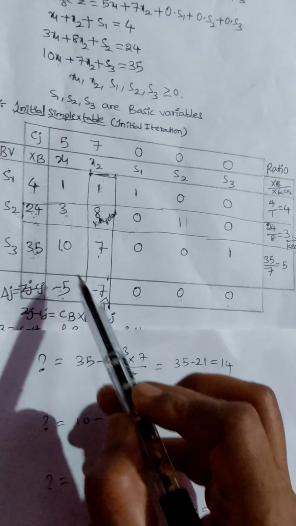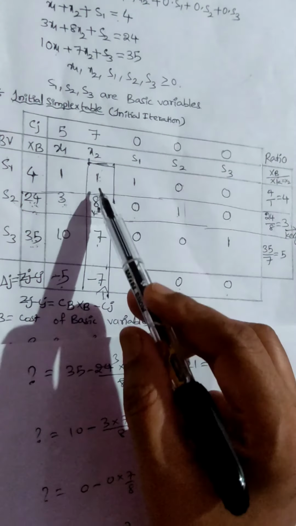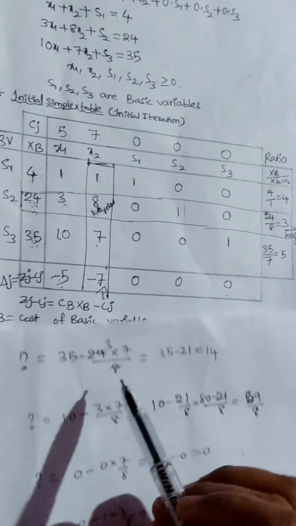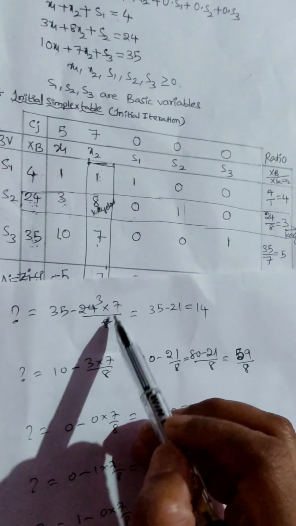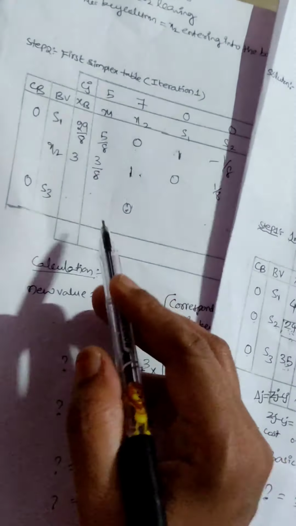So let us do the same. Old value is 35, old value minus corresponding element in key row is 24, 35 minus 24 into corresponding element in key column is 7 for this element, divided by 8. 35 minus 24 into 7 by 8, 24 divided by 8 is 3, 35 minus 21, that is 14, right here.